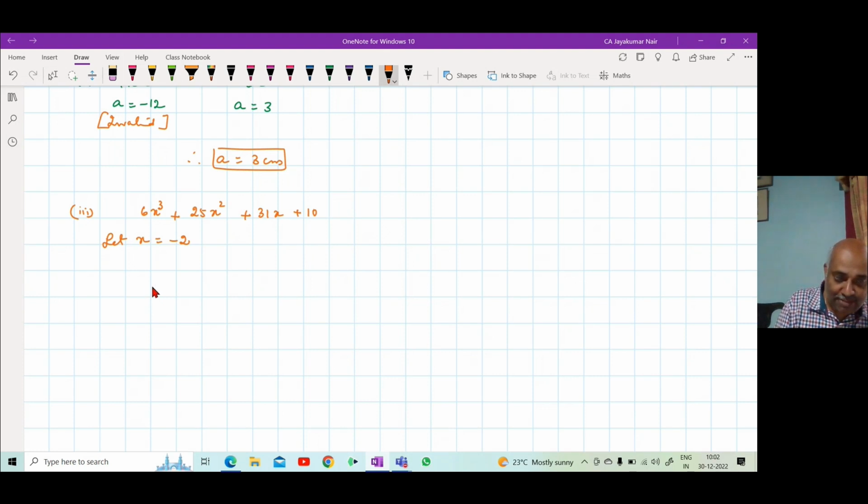So what do I get if I substitute? It'll be 6 into minus 2 the whole cube plus 25 into minus 2 the whole squared plus 31 into minus 2 plus 10. See if the result is 0. So 6 into minus 8 plus 25 into 4 plus 31 into minus 2 plus 10.